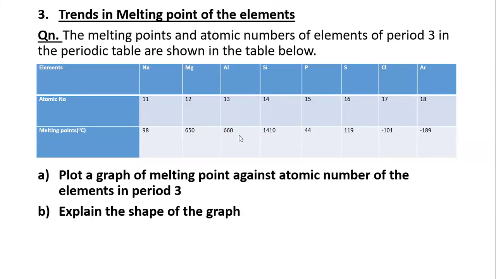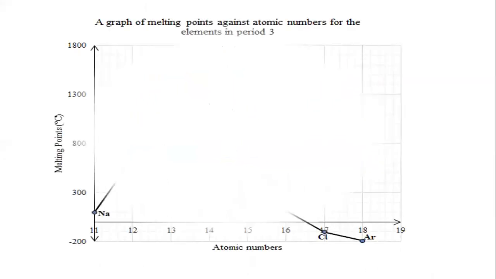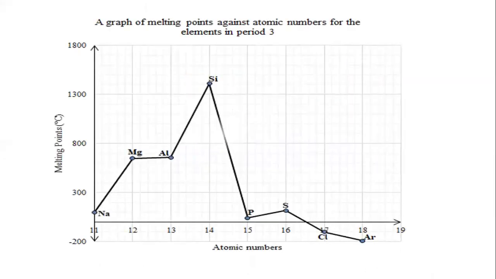So I tried to plot this. There are the plots, but I know you also have it there. This is the graph that I tried to plot using the other data.